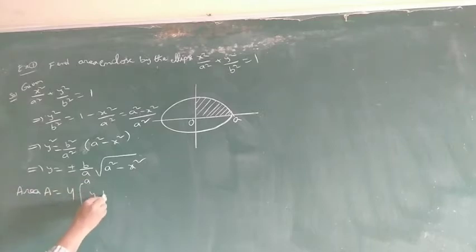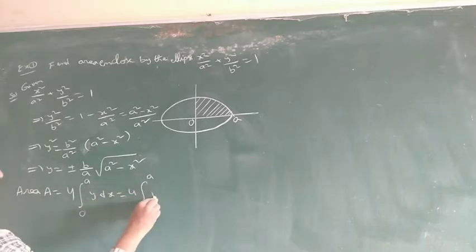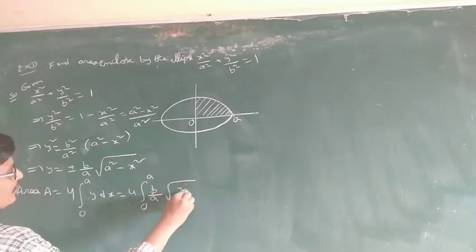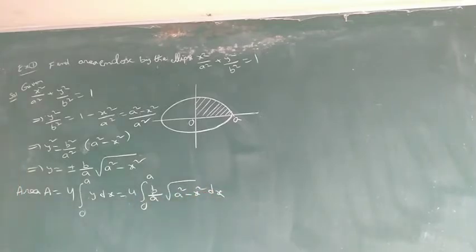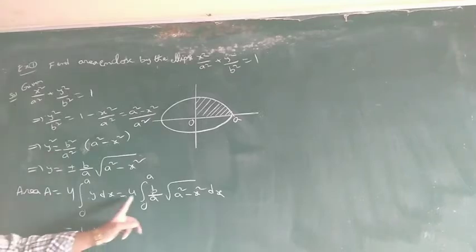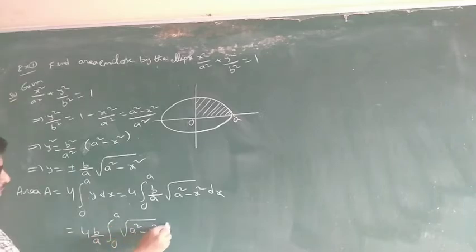y dx is equal to 4 into integral 0 to a, y dx, which is b by a into root of a square minus x square dx. So that is equal to 4 into b by a, as 4 and b by a are constants, b by a into integral 0 to a root of a square minus x square dx.